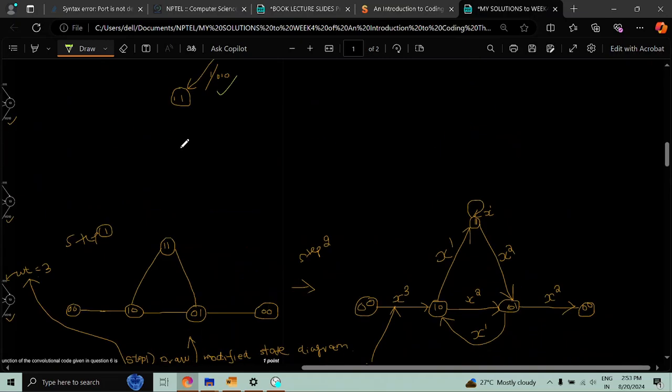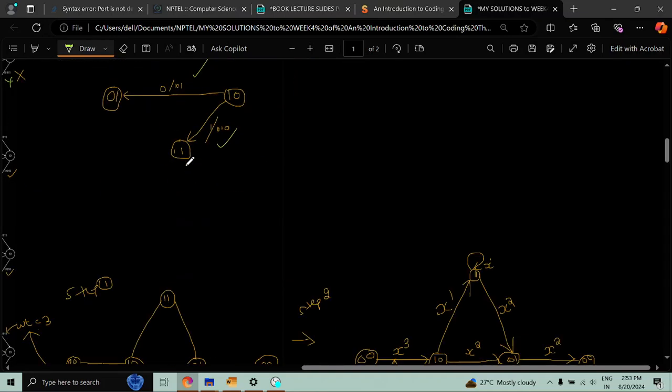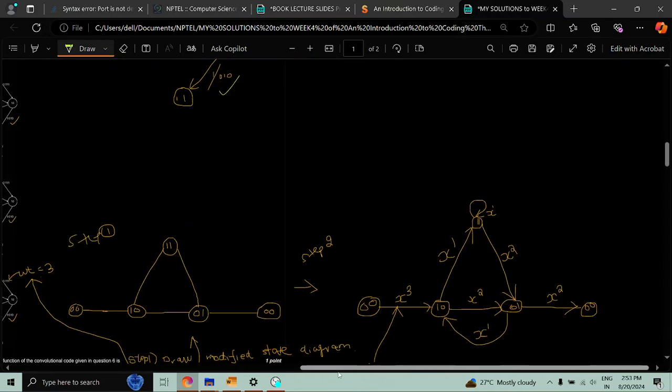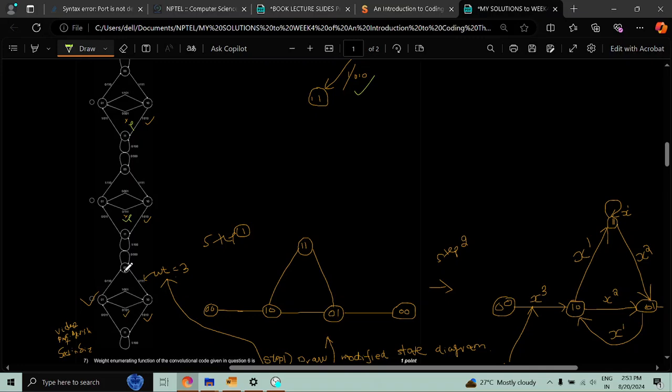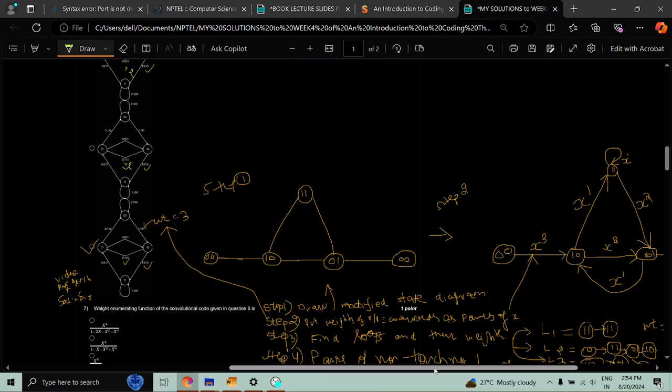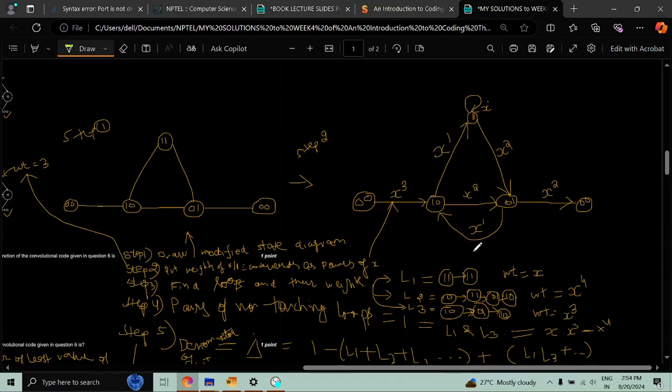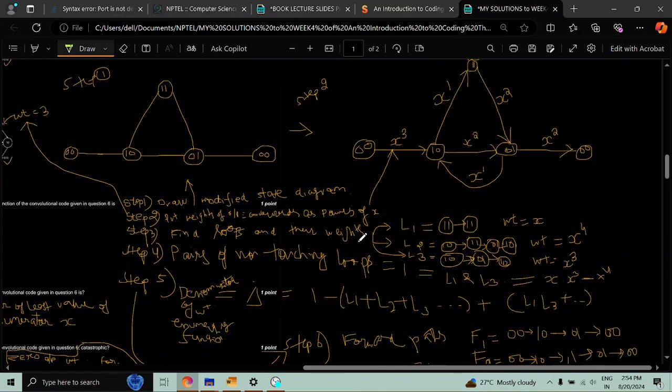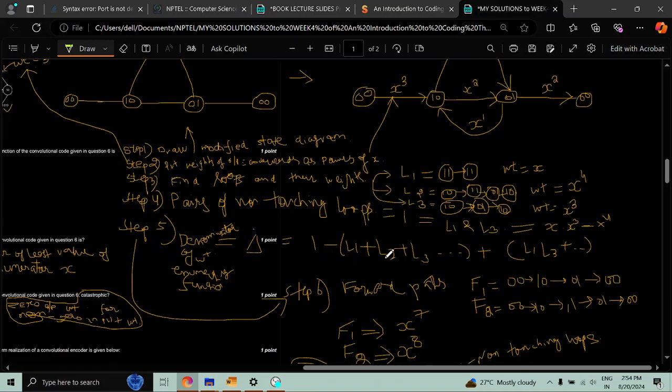So we travel on the paths and put the weights, we find individual forward paths, loops, pairs of non-touching loops, then the denominator 1 minus L1 L2 plus the product of non-touching loops.